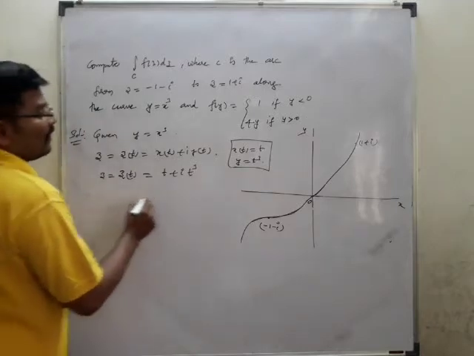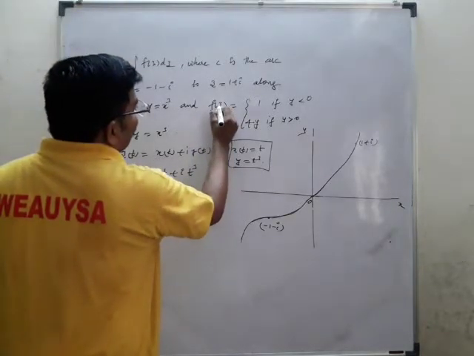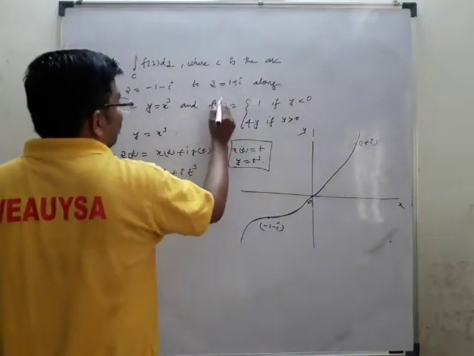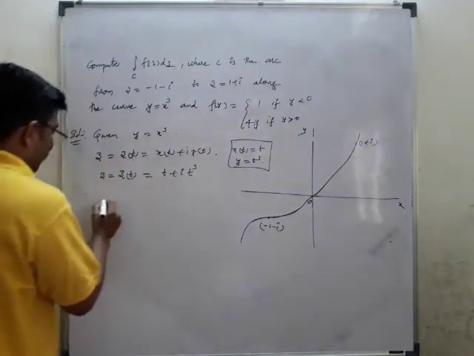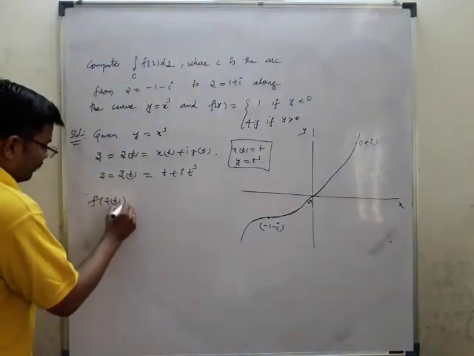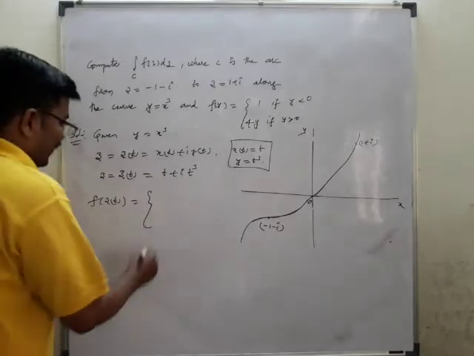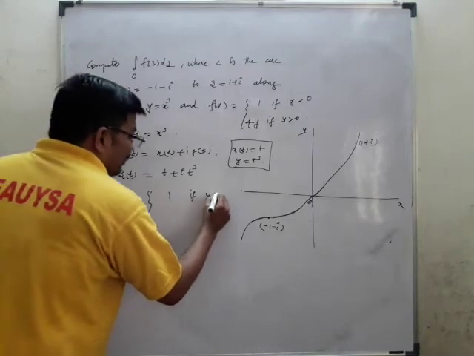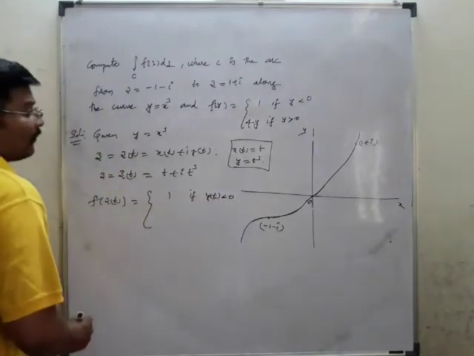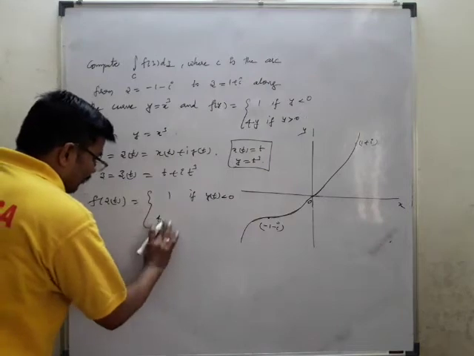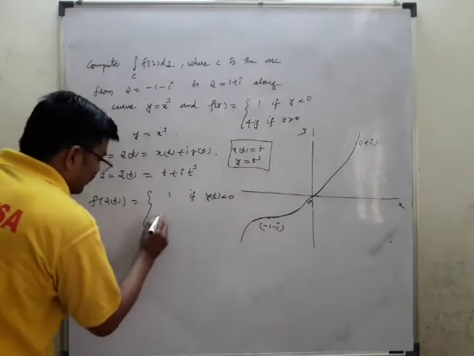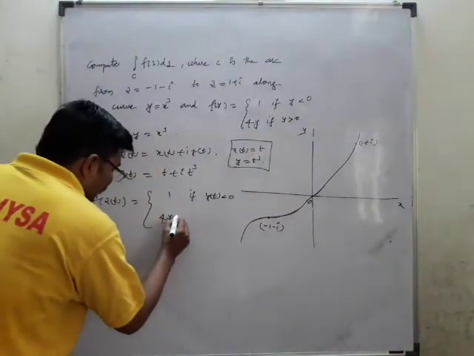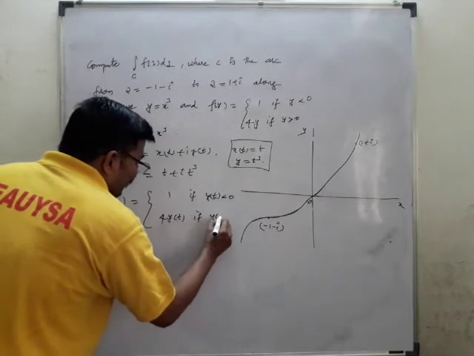Now this is not f of y, this is f of z. If I want to write f of z of t, I may write 1 if y of t is less than 0, and 4 y of t if y of t is greater than 0.